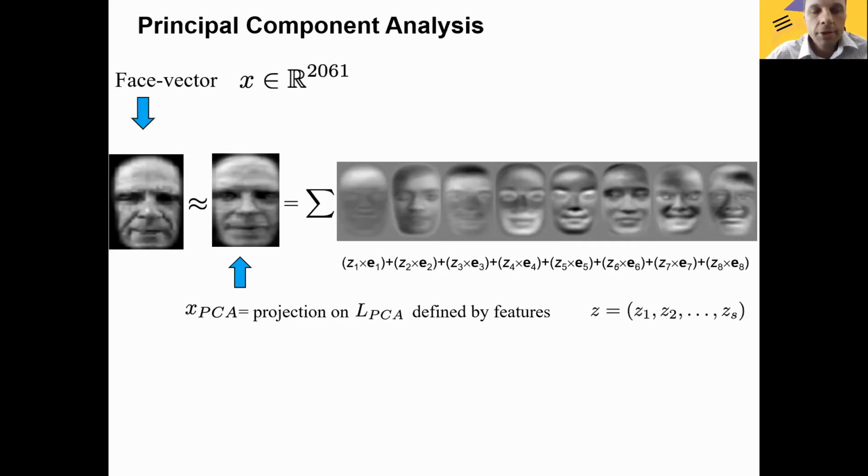And each such eigenvector has the same dimension as the initial vector x. And so, because you know which pixel each coordinate of this vector belongs to, you can just reassign each coordinate of this eigenvector to a pixel value and represent the eigenvector as an image, right?